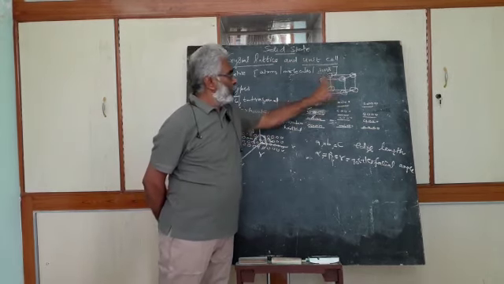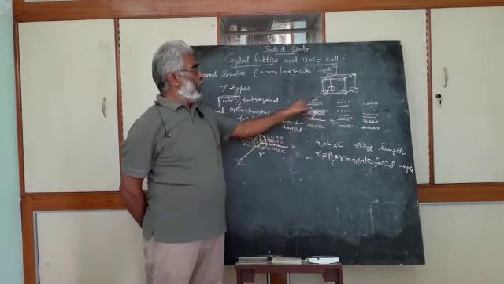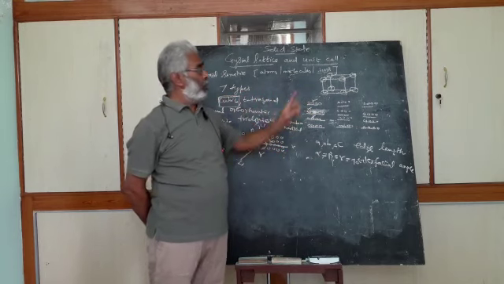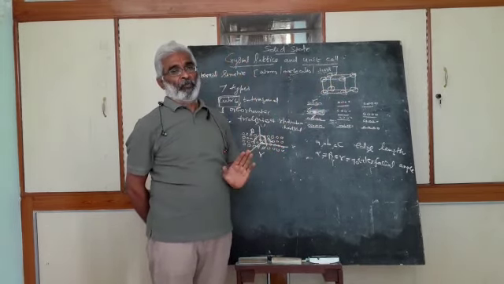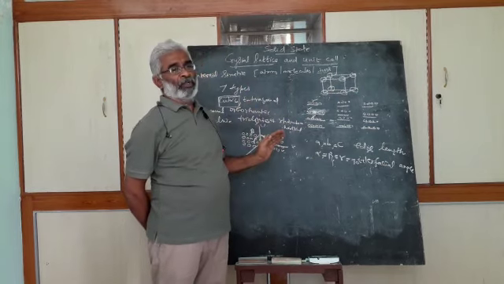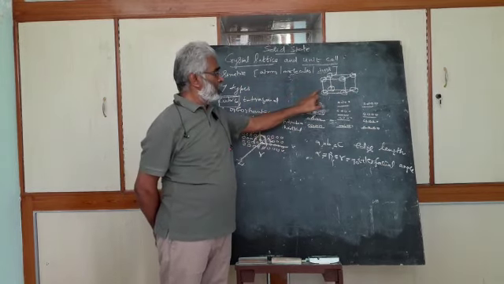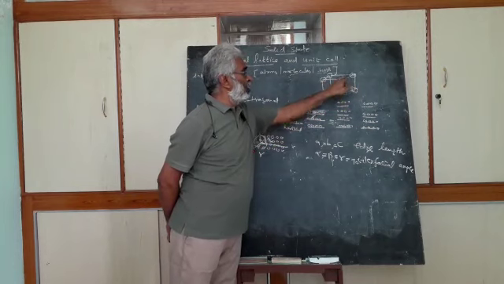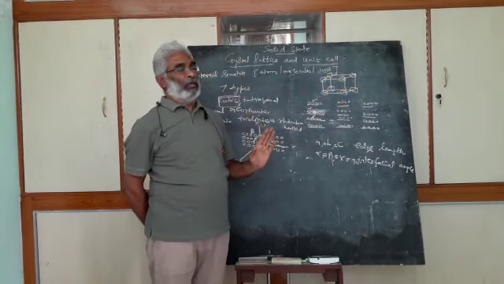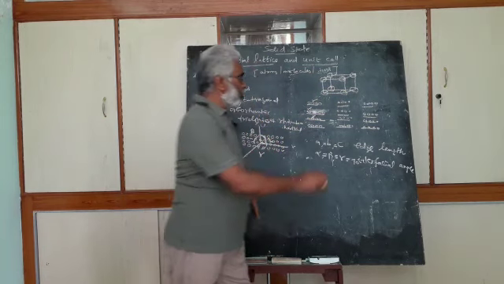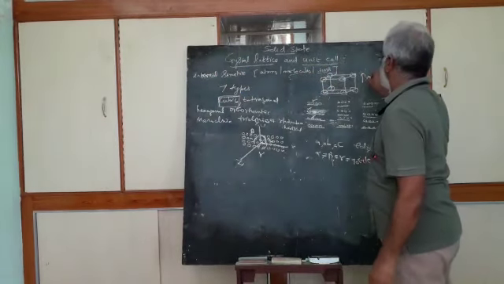This is called the cubic arrangement. Here atoms are present only at the corners. Each one is called a lattice point. If only one lattice point is present in the unit cell, it is called the primitive unit cell.